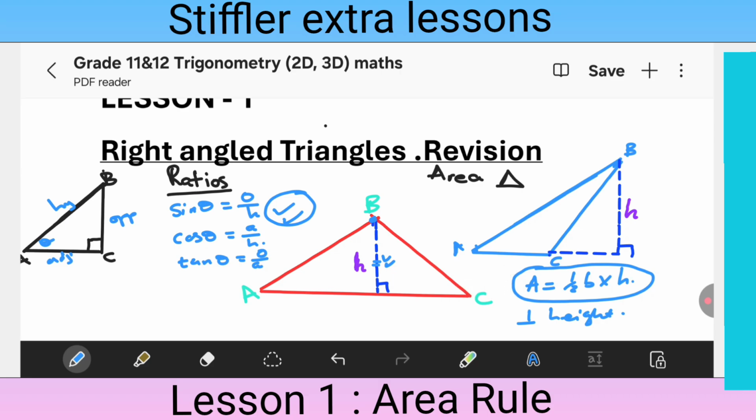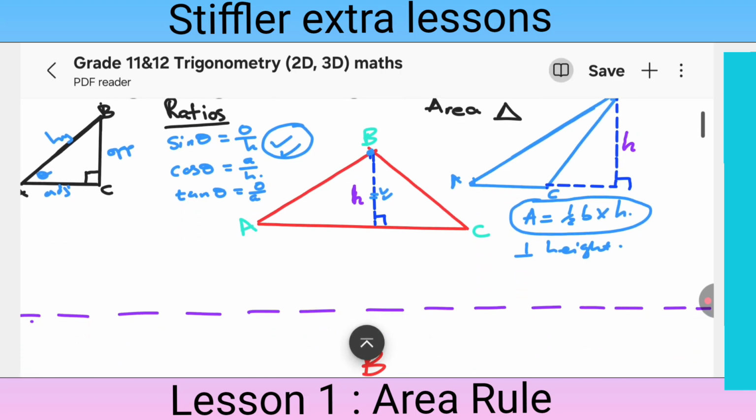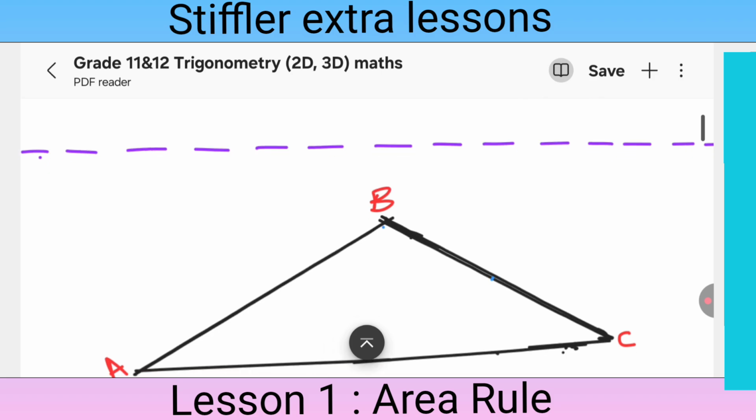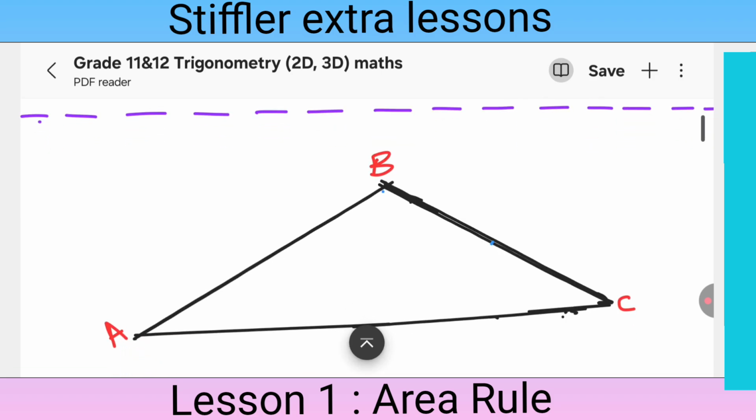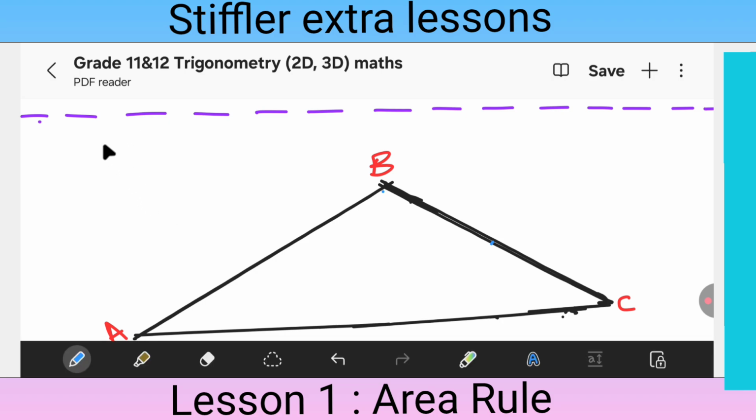Now we are going to deal with different situations when we are trying to find either the area or the sides or the angles, whilst we don't have a right-angled triangle, nor the perpendicular height. In this first session, we are going to focus on the area rule: how to find the area of a triangle if you have no perpendicular height.